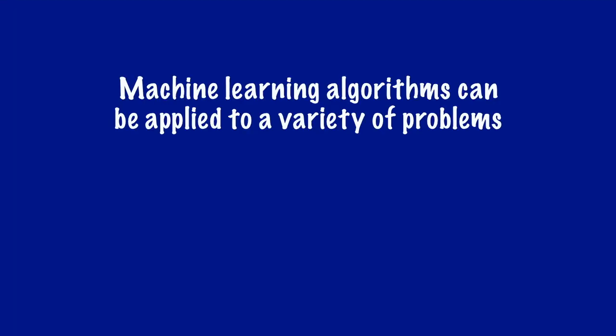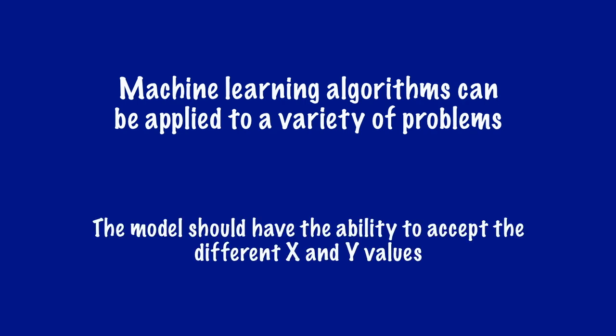On the other hand, placeholders have a completely different use case. We need placeholders so that the same algorithm can be applied to a variety of problems. Placeholders allow us to have just one trained model, which then has the ability to accept different x and y values. This is the use case for placeholders, which again are input nodes in the computation graph.